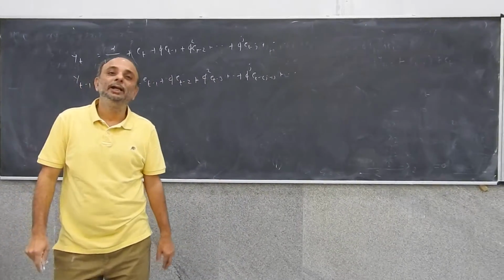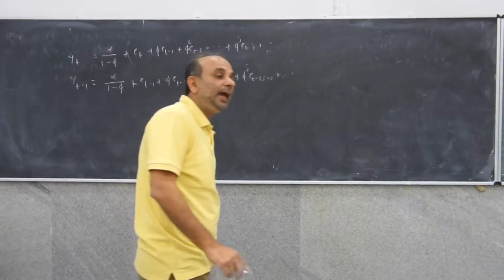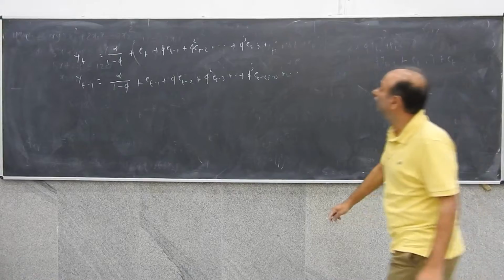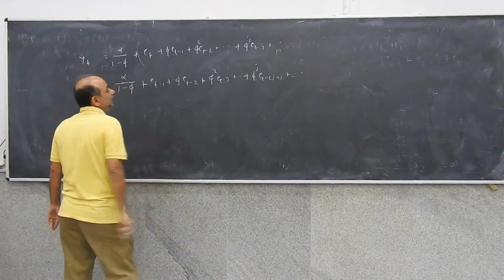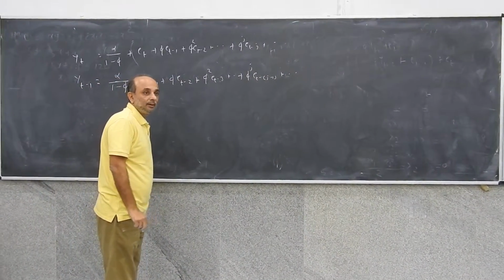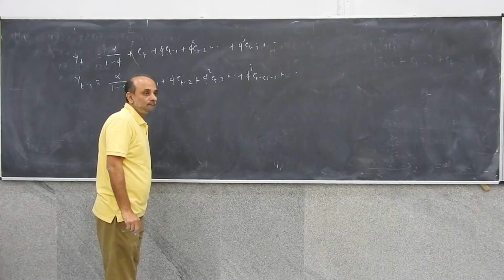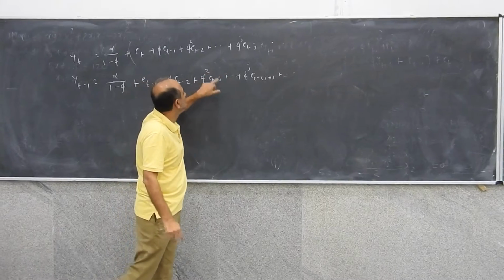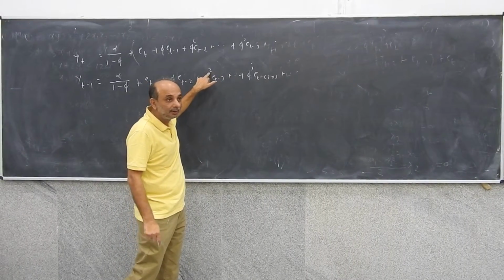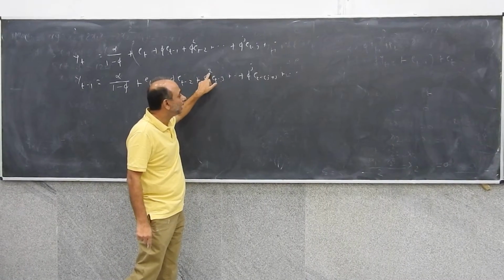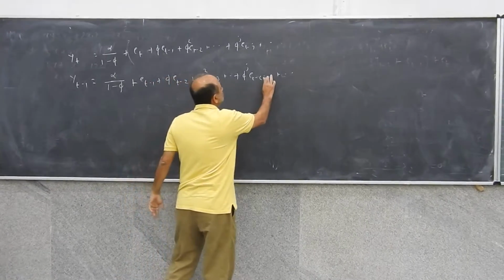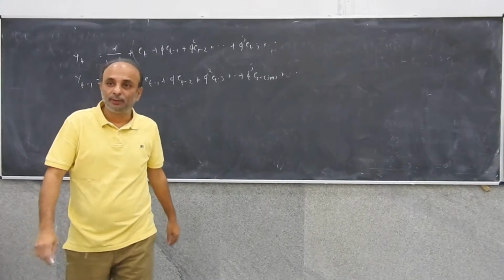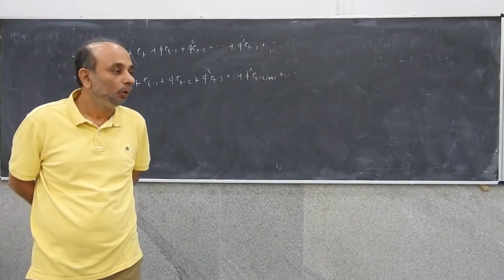So 5 raised to j et minus j minus 1, because here 5 square is t minus 3, right? Right, it should actually be j plus 1, no? Because this index has to be 1 higher than this. This has to be 1 higher than this, right? So it should be et minus j plus 1 and so on.